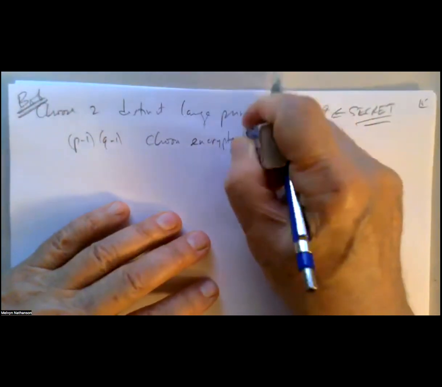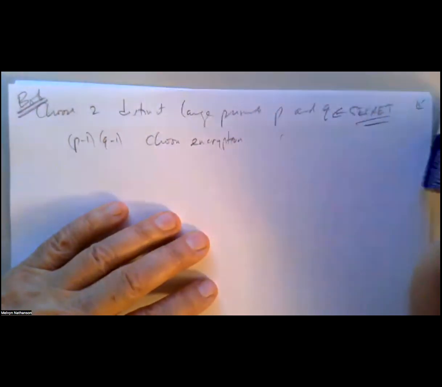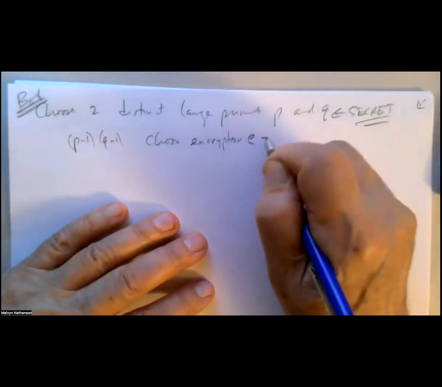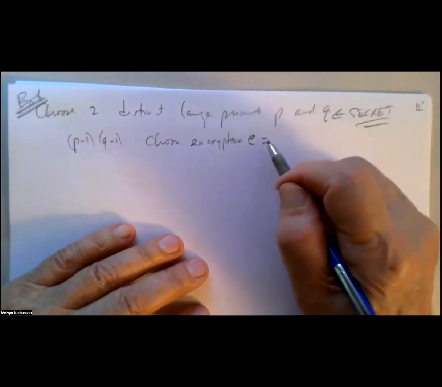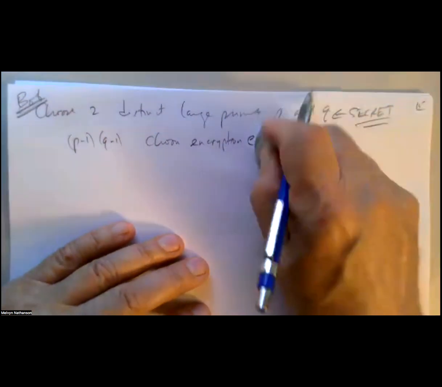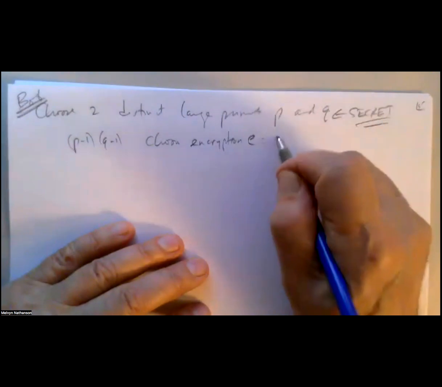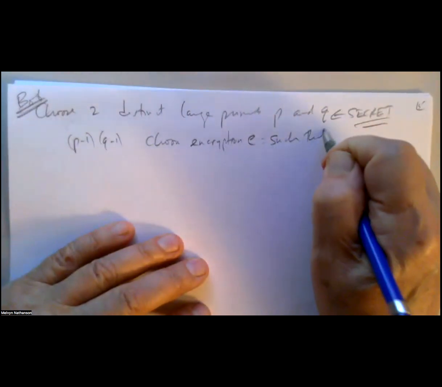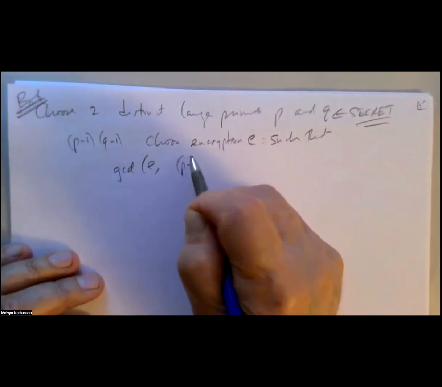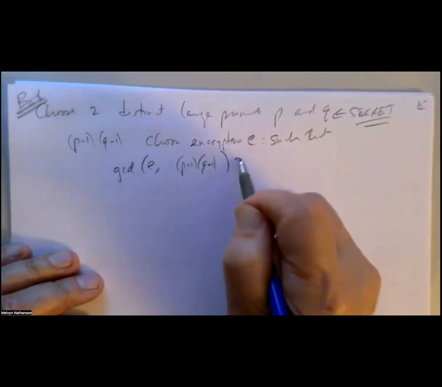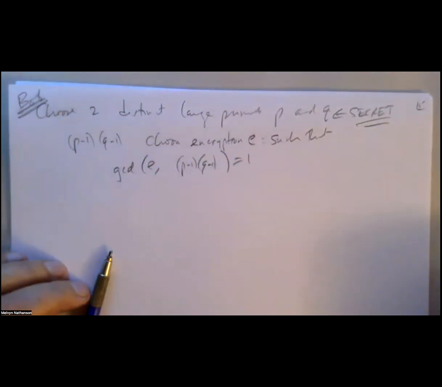Let's call it E for encryption. You choose any integer E, and there are tons of them. If P and Q are big, millions and millions of them. Choose E such that the greatest common divisor of E and (P minus 1)(Q minus 1) is 1.